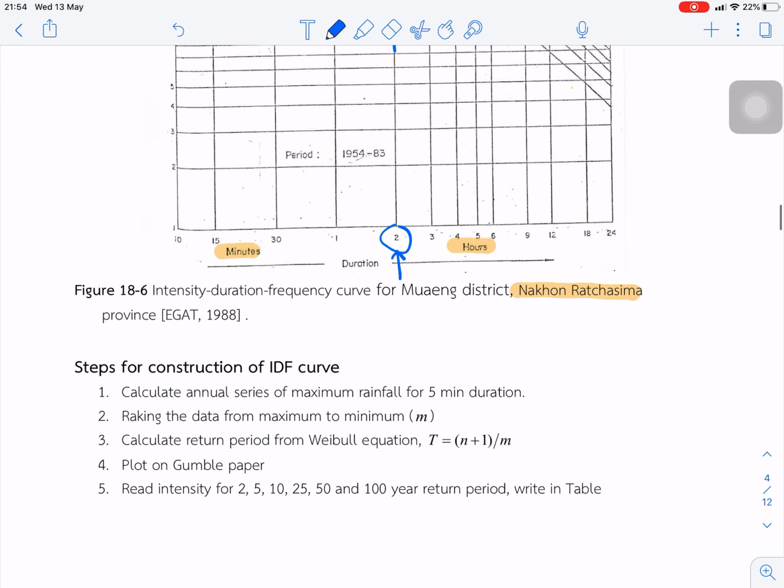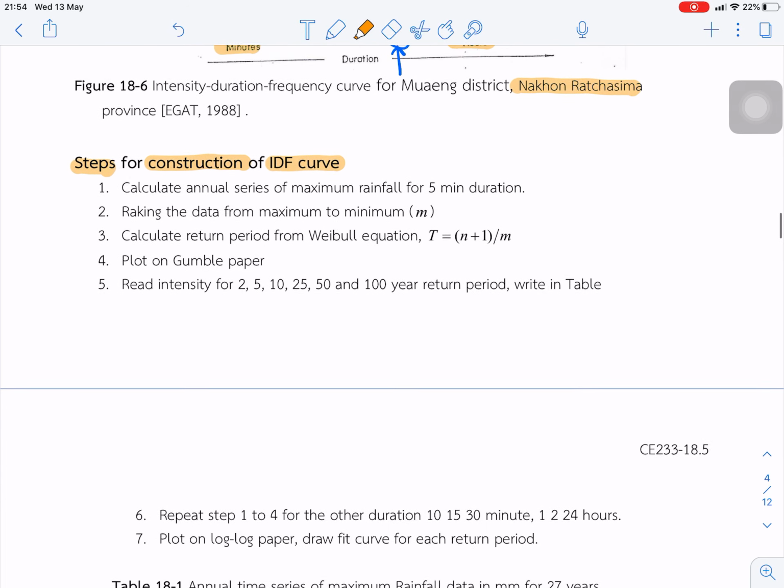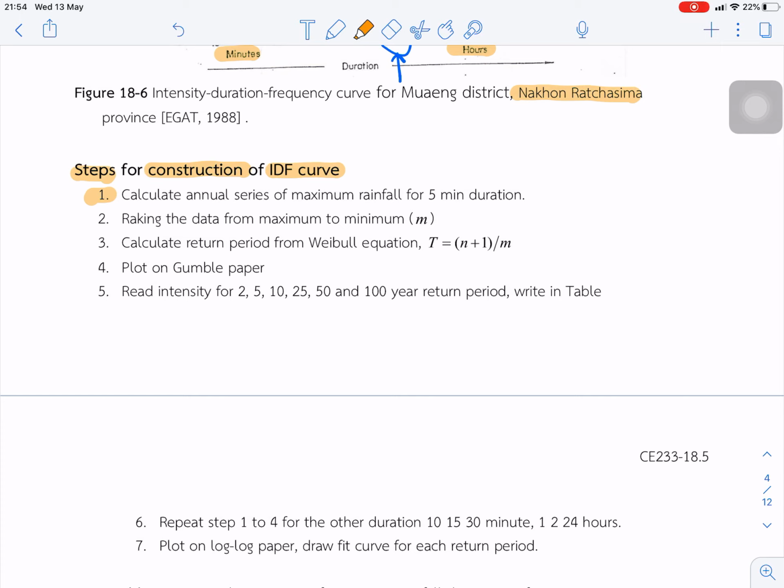Next, we should know how to construct an IDF curve. The first step: we have to calculate the annual series of maximum rainfall for one duration, for example the 5-minute duration. So that is the maximum rainfall for one duration.